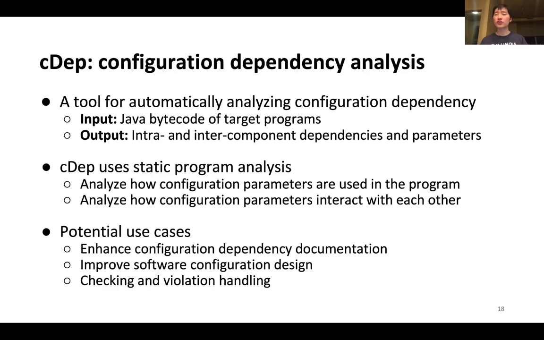After we finish the study part, gaining an understanding of what configuration dependency is and how configuration dependencies are managed in current systems, we leverage those findings to build a tool called cDep, which can do automated configuration dependency analysis. At a very high level, cDep takes Java bytecode as input and outputs intra- and inter-component dependency cases.